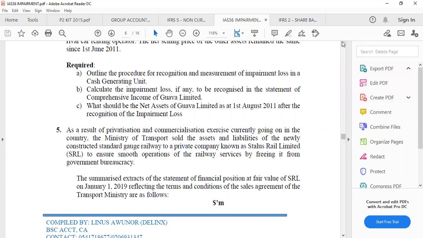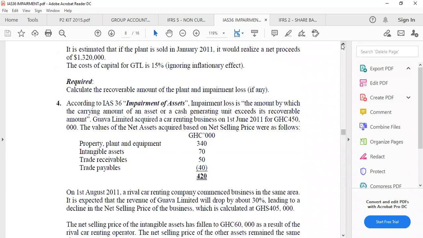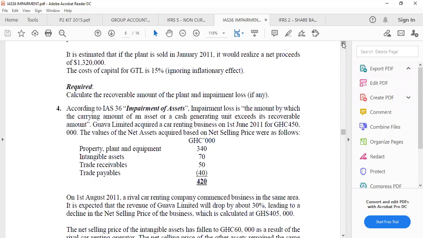So if you want to reverse the impairment, all things being equal, if the legislation was not there, there won't be any impairment. But the legislation has been passed, and now they are saying the legislation is no more there. It means that we assume that the legislation was not in place at all, and the impairment has not occurred at all. If the impairment has not occurred at all, what should have happened? That is what we normally do.